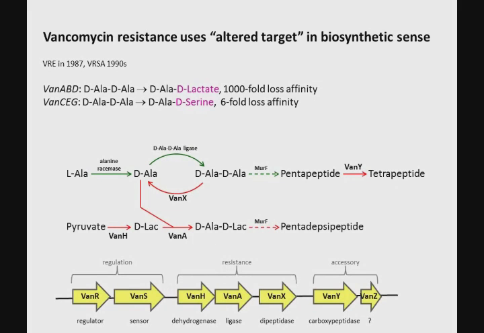So what you do is you channel pyruvate using VanH into lactate. Now VanA is behaving like your ligase, but instead of sticking two molecules of D-alanine together, it takes one and sticks it to D-Lac to give you this pseudo dipeptide, although it's not a peptide linkage.